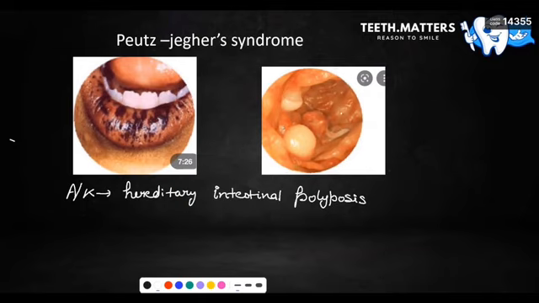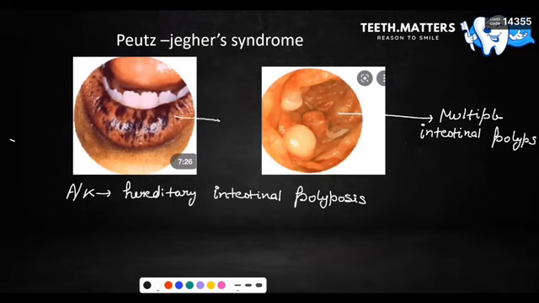Multiple intestinal polyps are present in this syndrome. And we can see pigmentation on the face, oral cavity and hands. So pigmentation is also present in this.